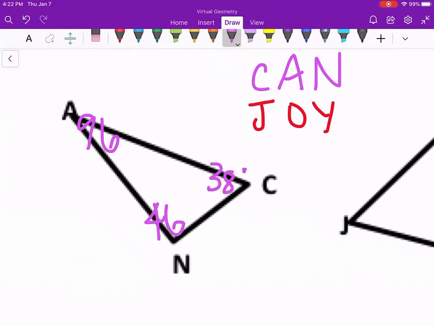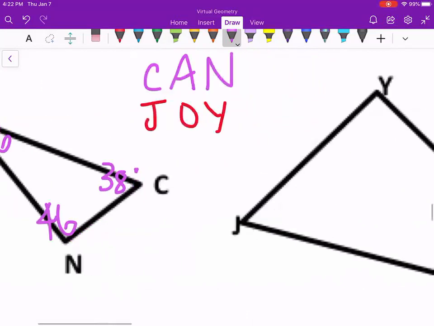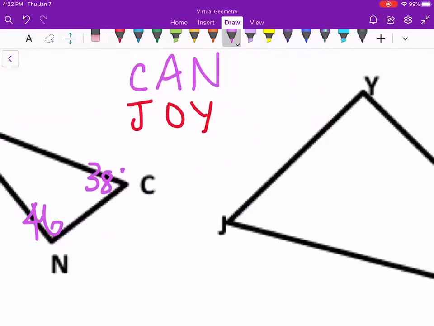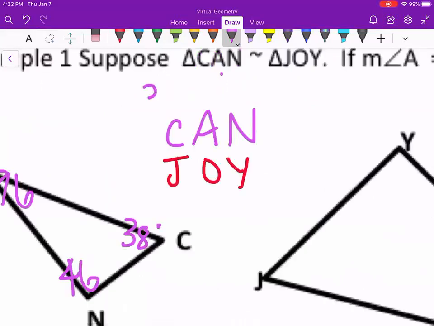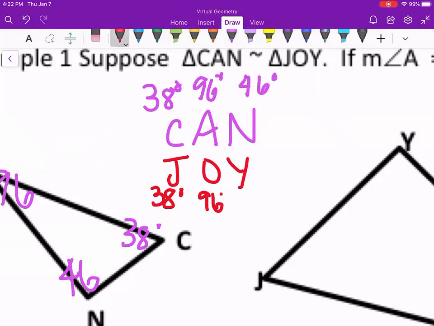We can use this and that similarity statement to find the matching angles, because again, the triangles have congruent angles. So if C is 38 degrees, so is J. If A is 96 degrees, so is O, because they're in the same positions. And if N is 46, so is Y.